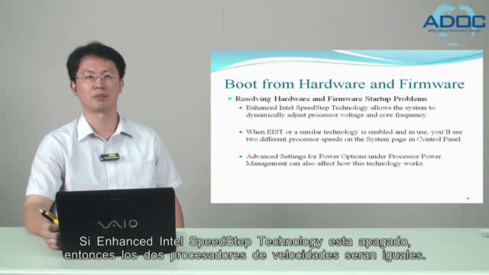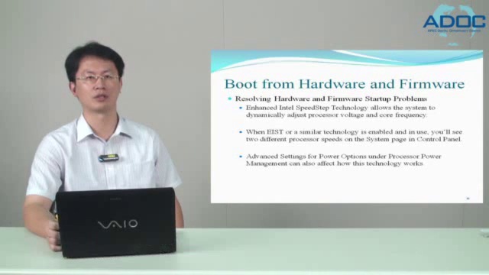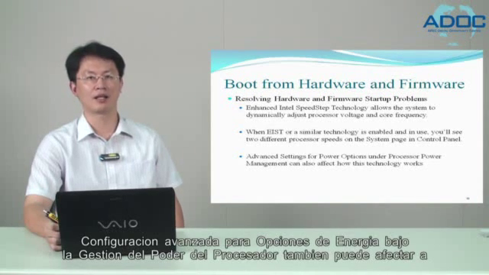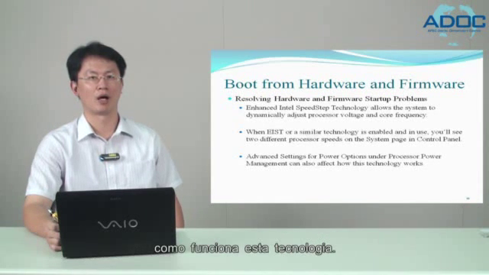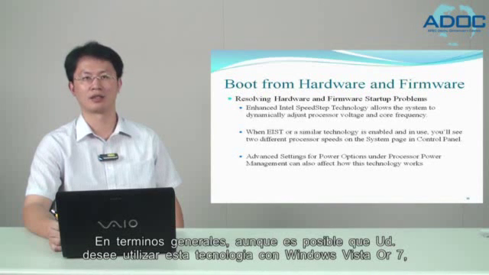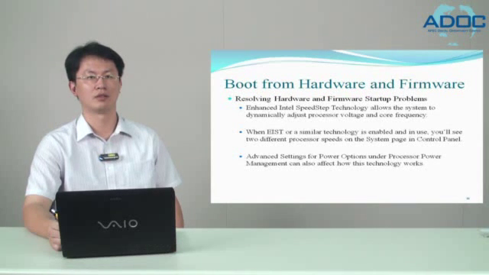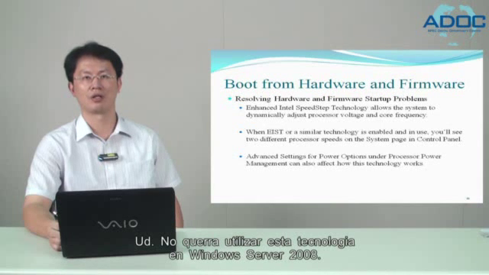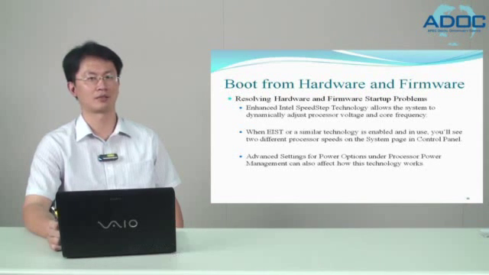If Enhanced Intel SpeedStep Technology is off, then both processor speeds will be equal. Advanced settings for Power Options under Processor Power Management can also affect how this technology works. Generally speaking, although you might want to use this technology with Windows Vista or 7, you will not want to use this technology with Windows Server 2008.